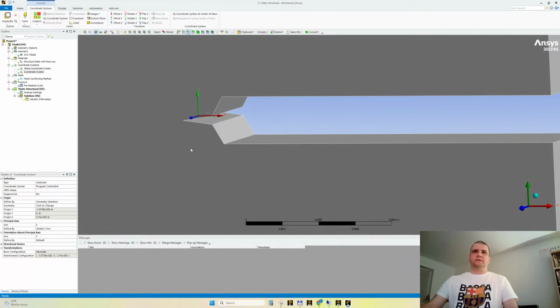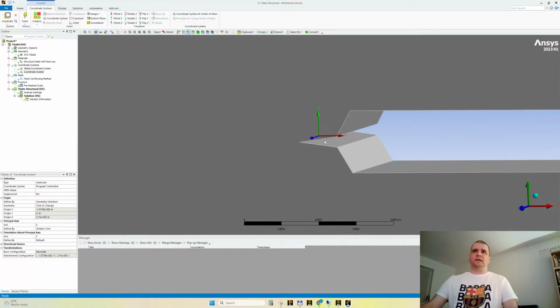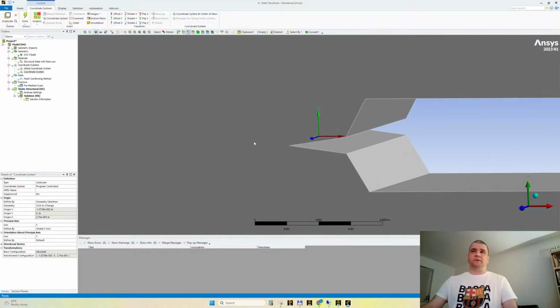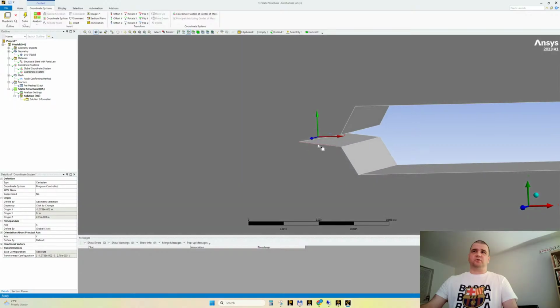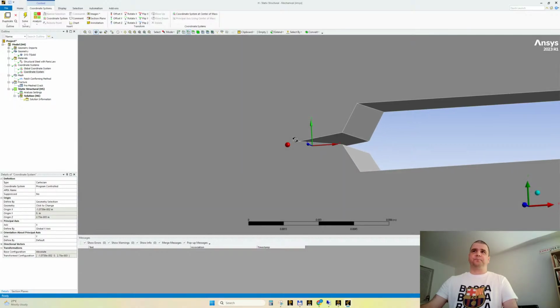What you need to consider, always the direction of the crack propagation should be along the x-axis. Remember this. Or somewhere along, all right? But we should not have other axes.